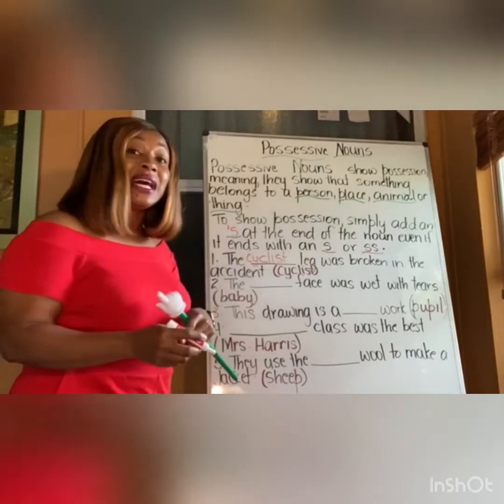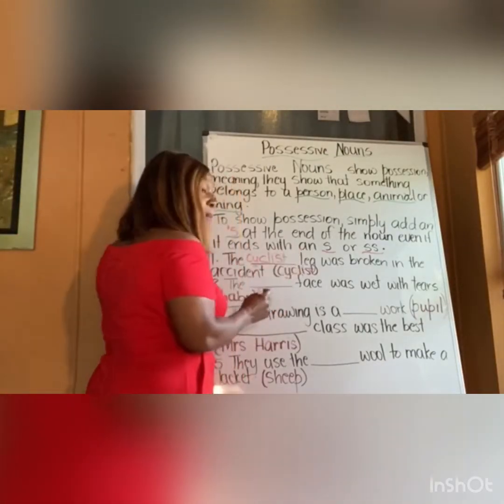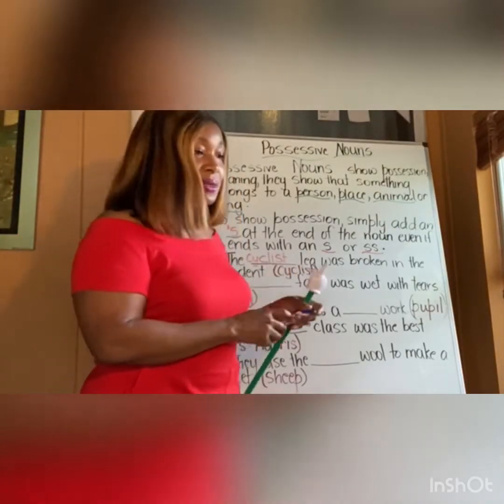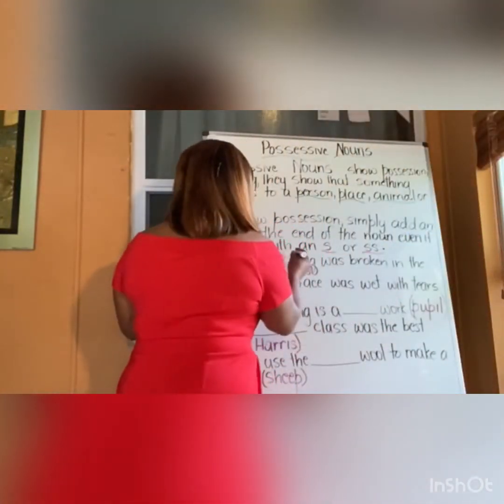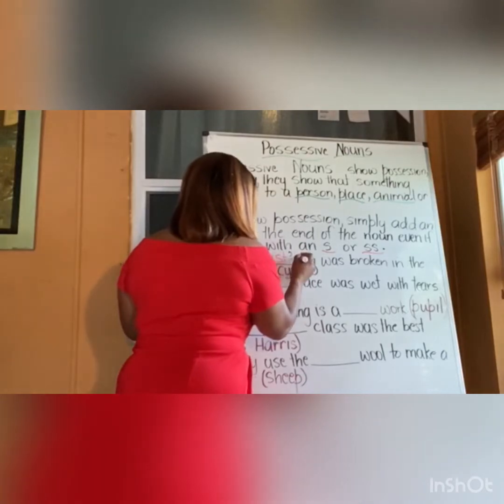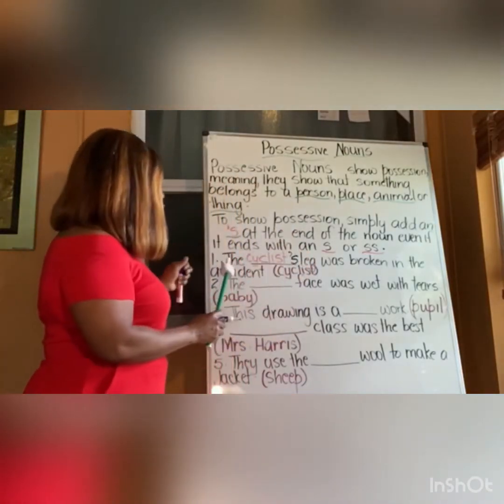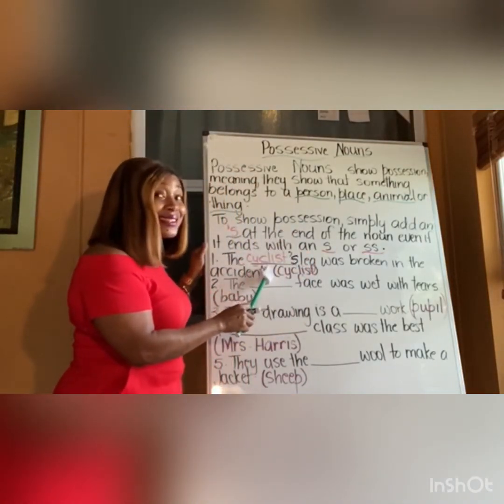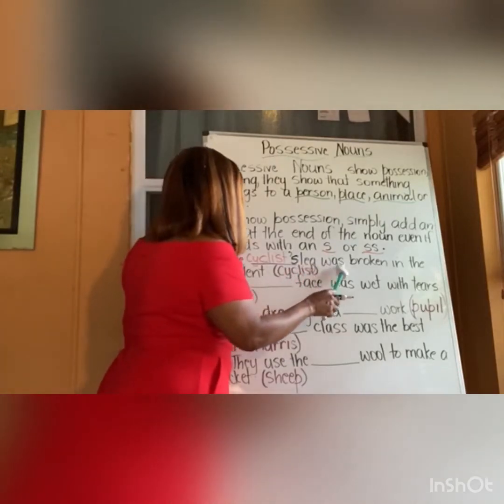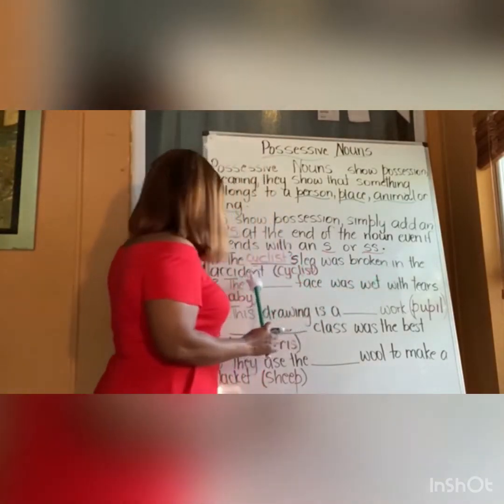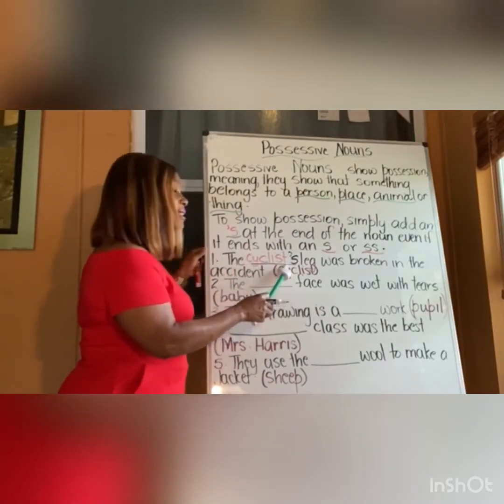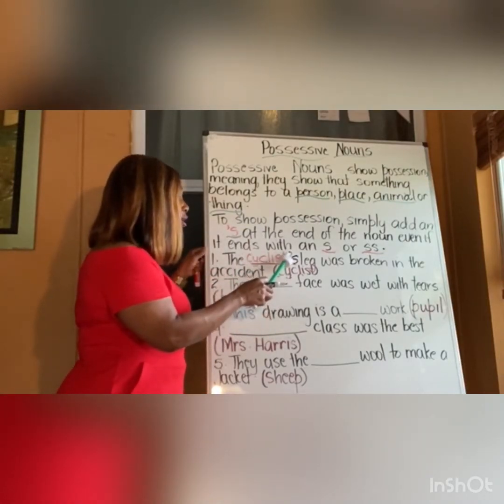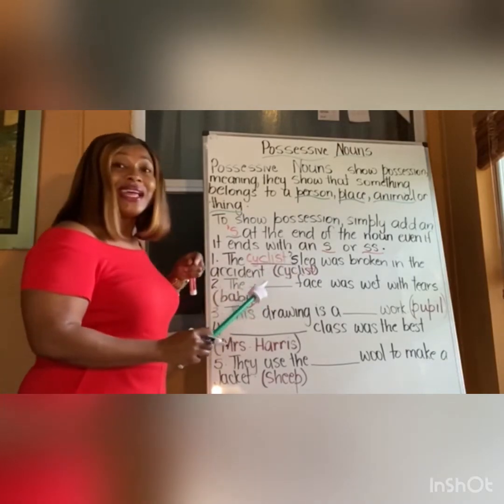And then to that, we're putting our apostrophe S. So the cyclist's leg was broken in the accident. So simply write back the word cyclist, then add your apostrophe and the S.